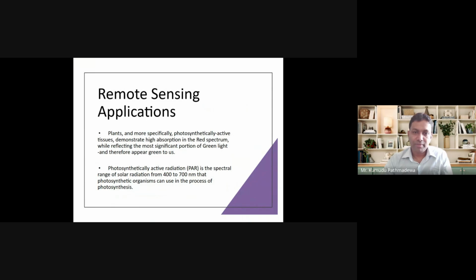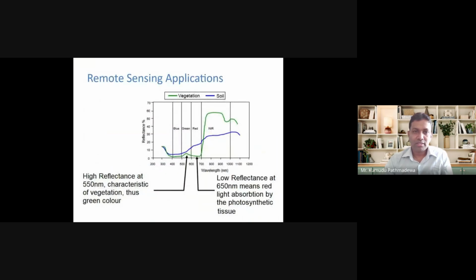So here now you can see this image, vegetation and soil. Vegetation absorbs blue, green, and red mostly, but reflects near infrared strongly compared to red, green, and blue.